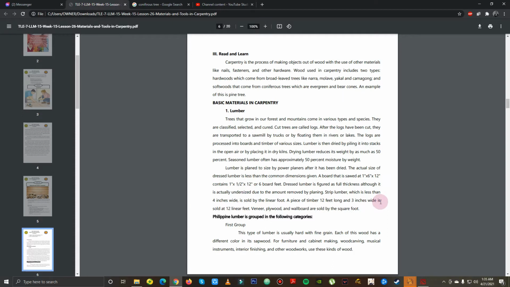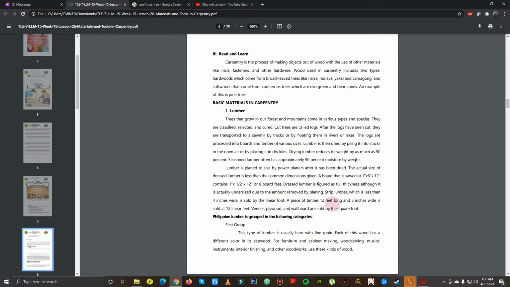Dressed lumber is figured as full thickness, although it is actually undersized due to the amount removed by planing. Strip lumber, which is less than 5 inches wide, is sold by the linear foot. A piece of timber 12 feet long and 3 inches wide is sold as 12 linear feet. Veneer, plywood, and wallboard are sold by the square foot. Okay?